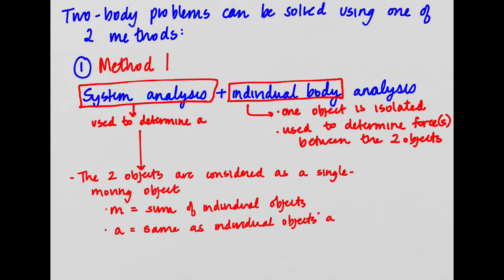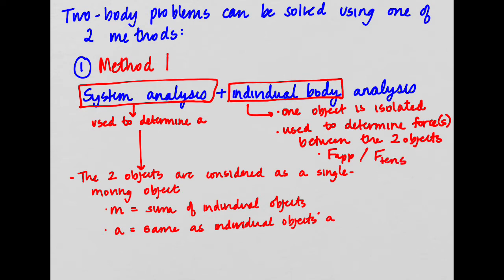We do this because what we're solving for is the force or forces that act between the two objects. Some examples of the types of forces we'll see between two objects are contact forces, like applied forces, or tension forces. We could have others, but those are the most common.